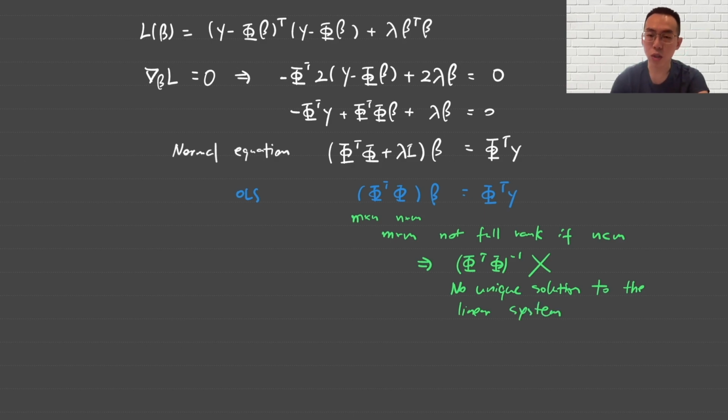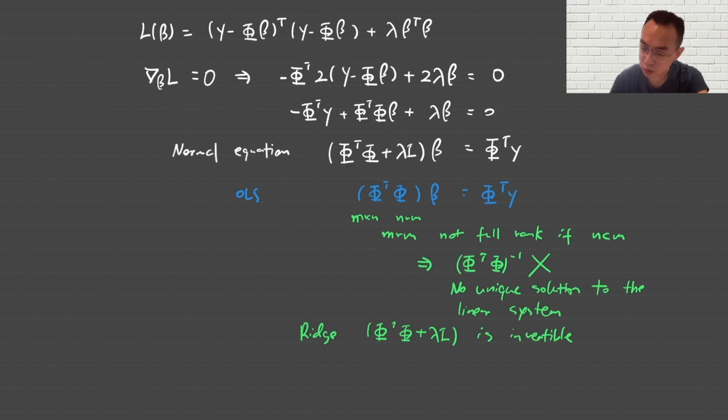But for ridge regression, once we add the lambda I, it is always invertible, right? So for ridge, phi transpose phi plus lambda I is invertible, because this is full rank once we add the matrix lambda I onto it.